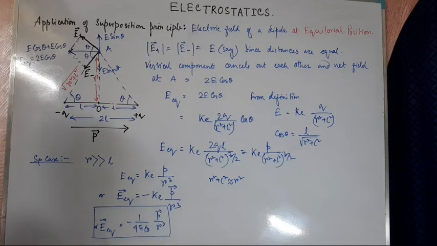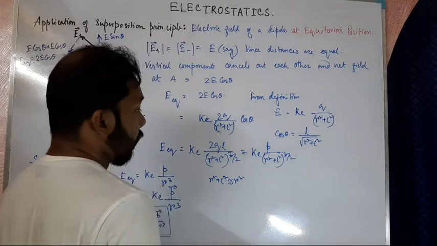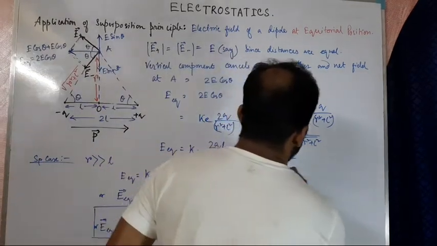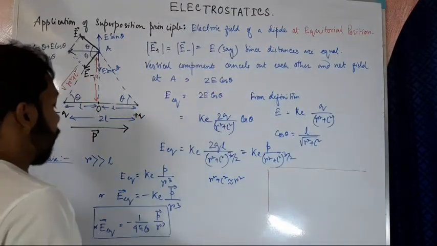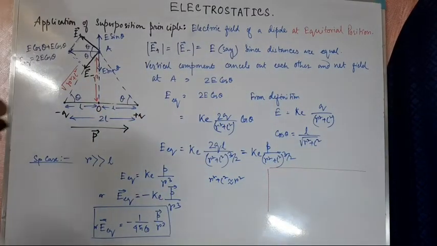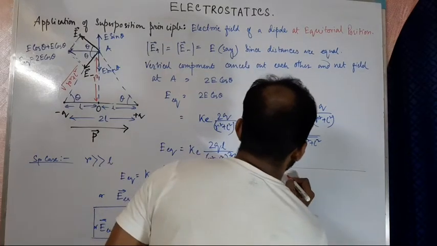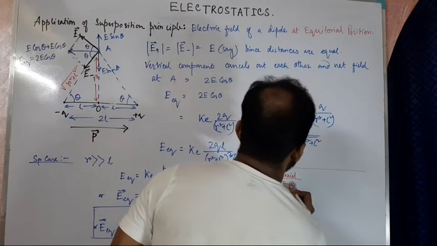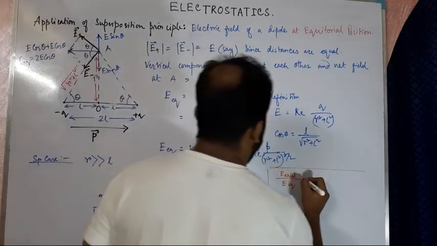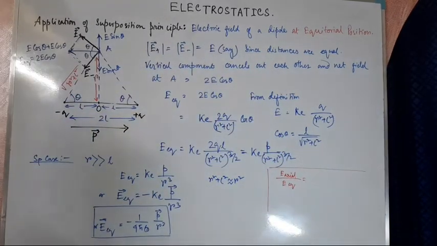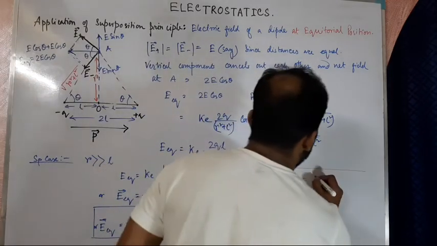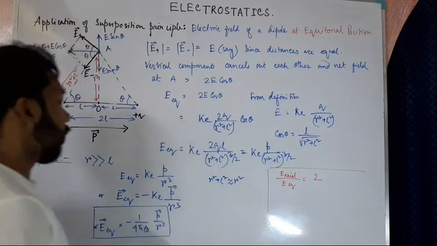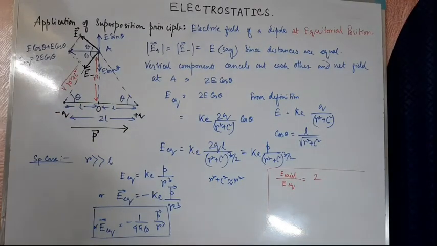And if we compare the values of the electric field in the axial and the equatorial positions, E axial by E equatorial will give 2. E axial is actually twice that of E equatorial.